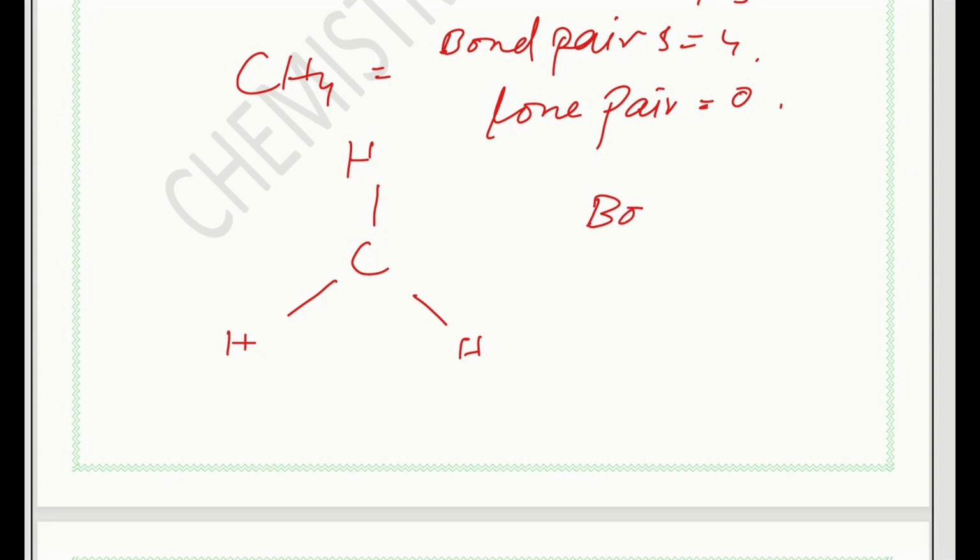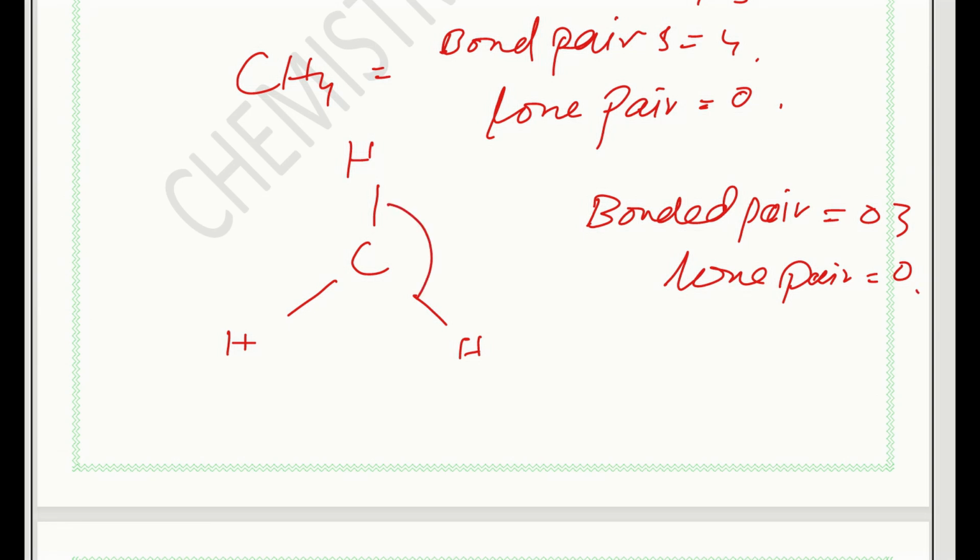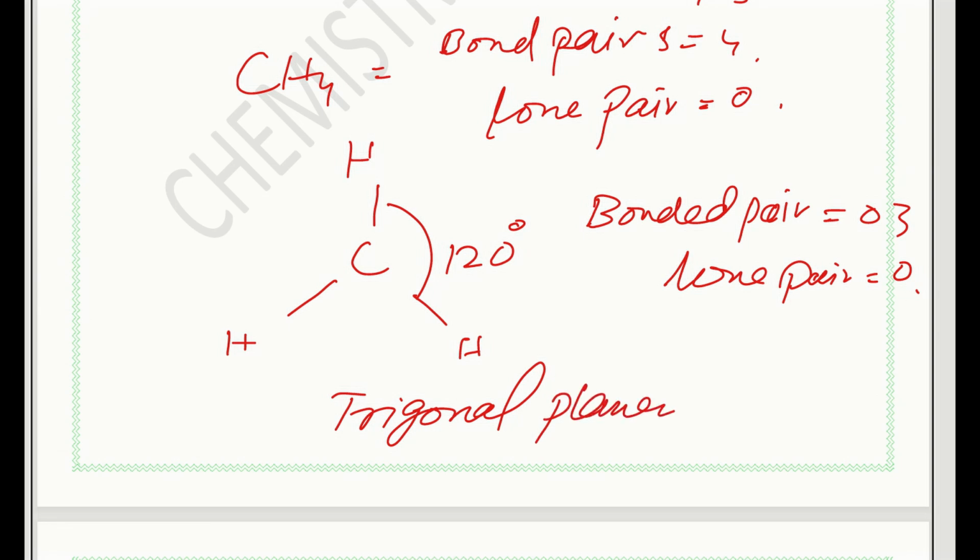How many bonded pairs are left with me? Bonded pairs are now 3, and lone pairs are 0. So the bond angle goes to 120 degrees, and the structure name is trigonal planar. So the bond angle is 120 degrees and it's a trigonal planar structure.